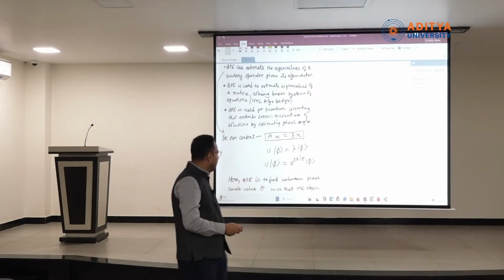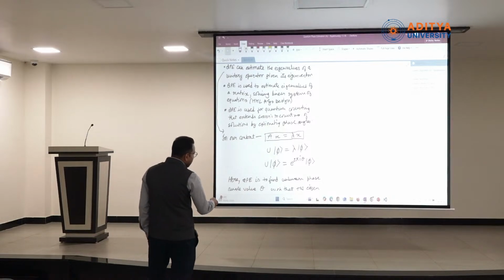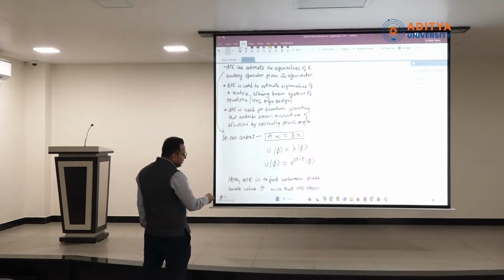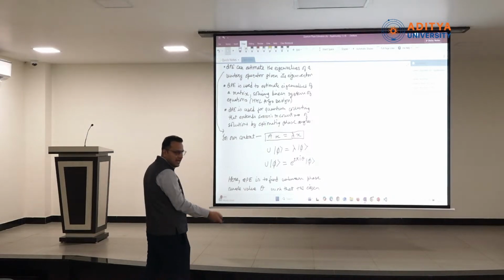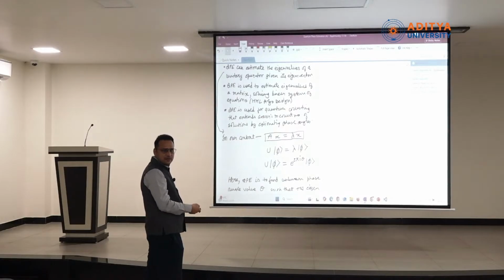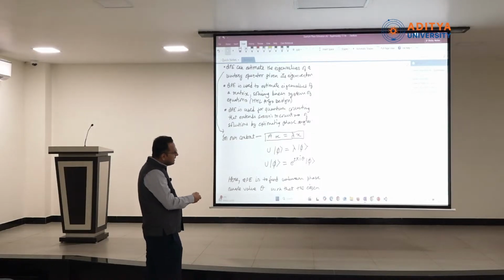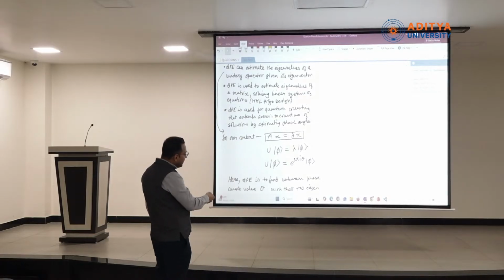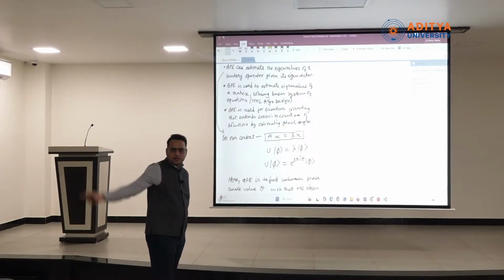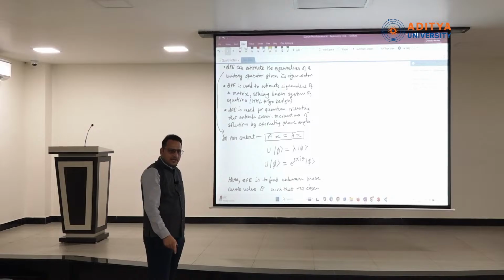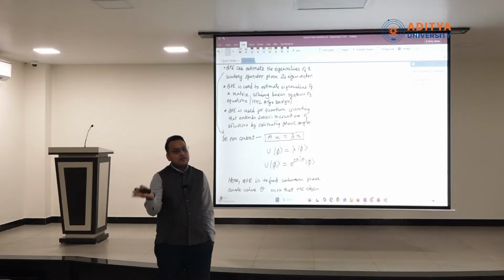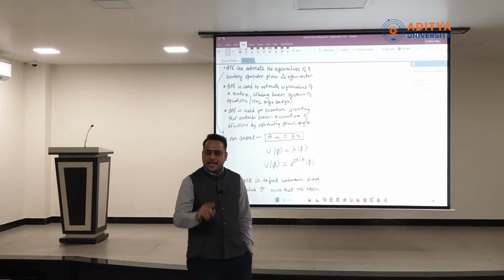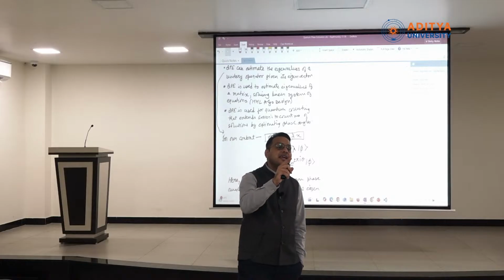Based on that, we are looking at e raised to the power 2 pi i theta, because e raised to the power i theta is known as Euler's formula, yes or no? e raised to the power i theta can be written as cos theta plus i sin theta, where this 2 pi is a factor included just to work on the unit circle. Clear? My vector can be anywhere on that circle, and each time the corresponding phase information would be different.